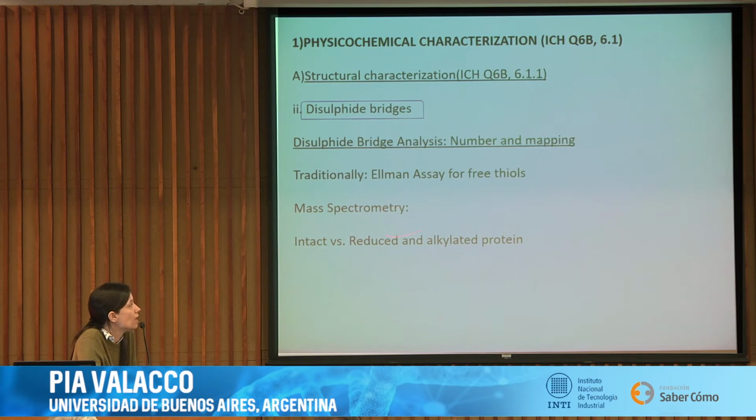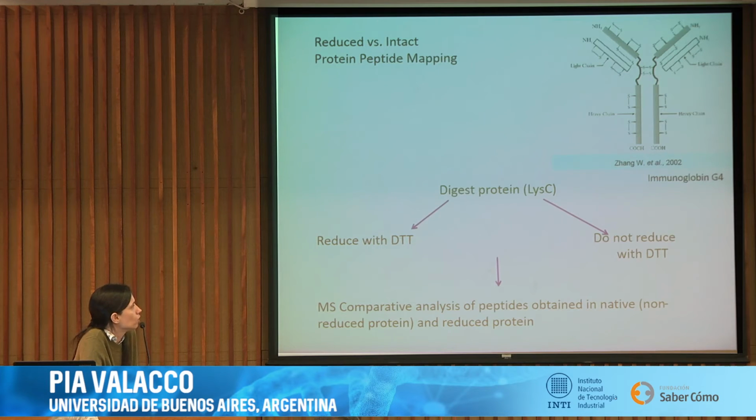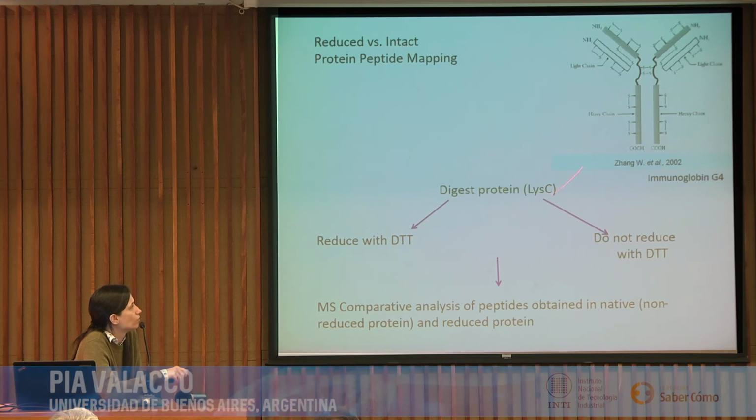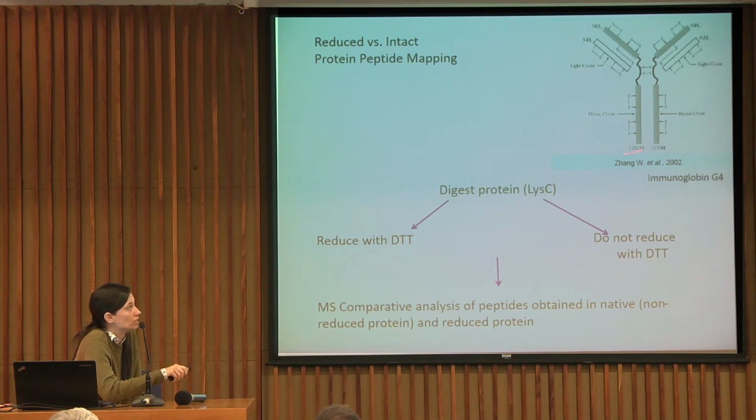It was usually done by Ellman assay for free thiols, but now it can be done by comparing intact and reduced and alkylated protein. This is an example of a monoclonal antibody. As you can see, it has a large number and intercrossing of disulfide bonds.